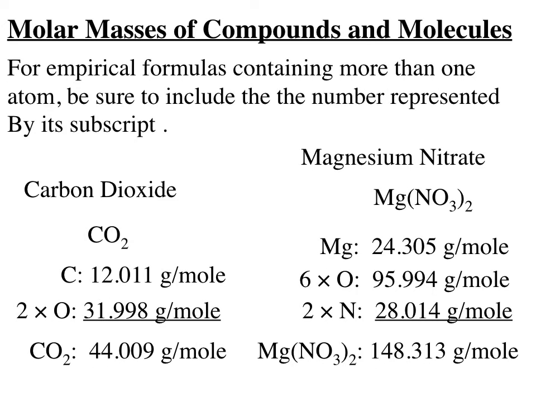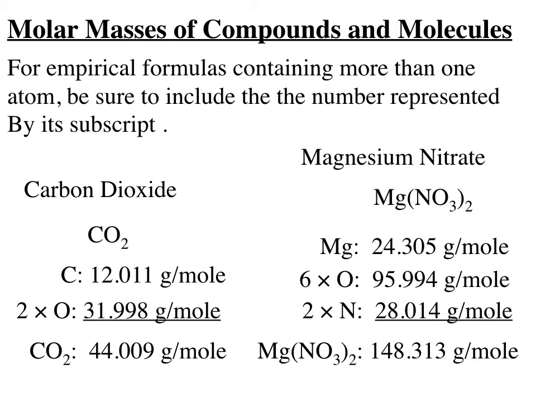I show more examples of calculating the molar mass of molecules, particularly here those that have subscripts or empirical formulas that have multiple proportions of atoms relative to one another. When you determine the molar mass of these molecules, you have to determine the total mass based on the individual atoms present. For instance, I'm showing carbon dioxide as opposed to carbon monoxide: the mass of one carbon is 12.011 grams per mole, but below that, the mass is 2 times the mass of oxygen.